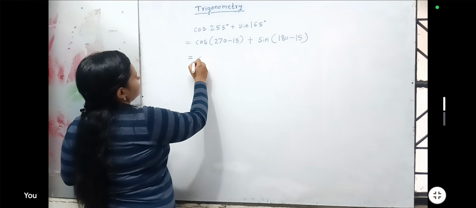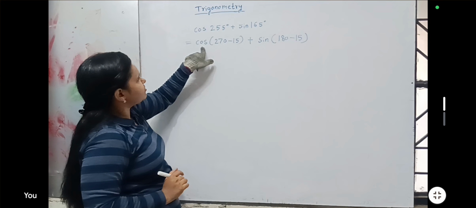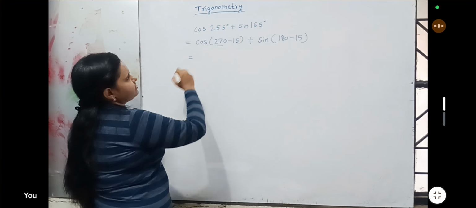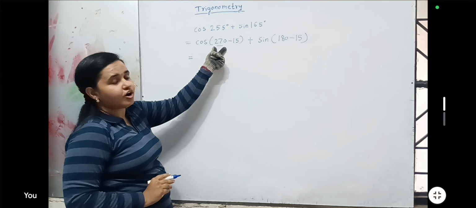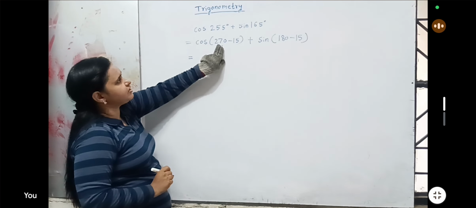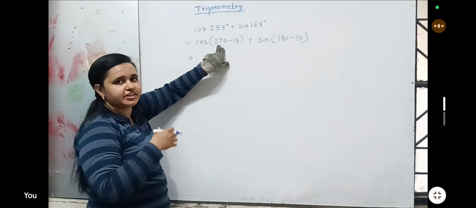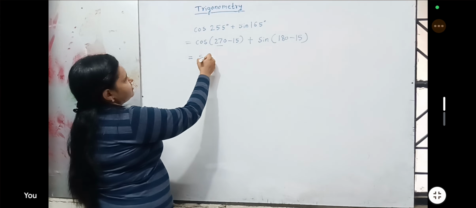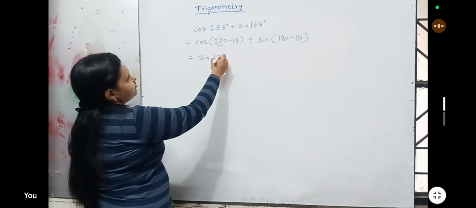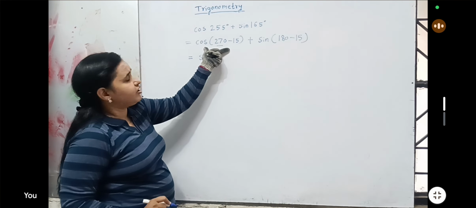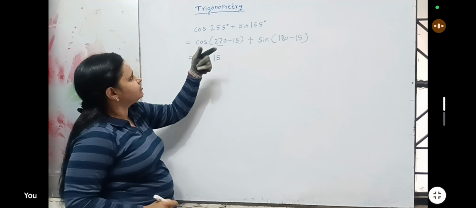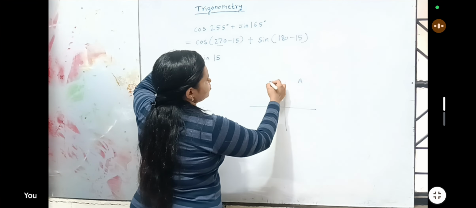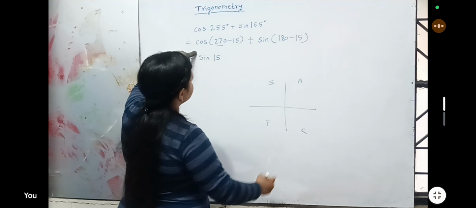Now cos of 270 minus 15. Now this is an odd multiple of 90. If it is an odd multiple, the ratio will change. So cos will become sin, sin of 15. And for the sign, remember add sugar to coffee.